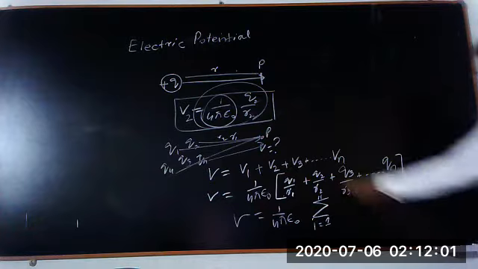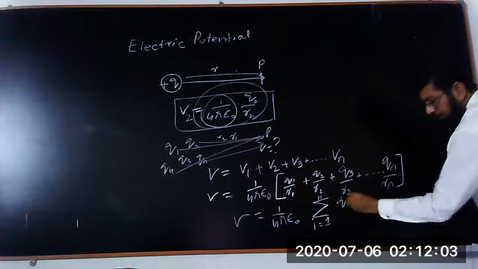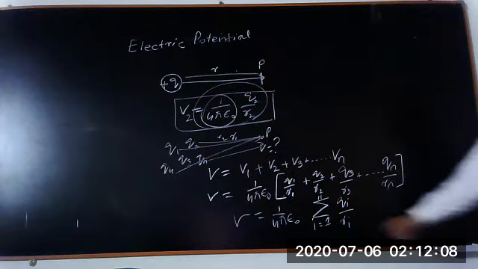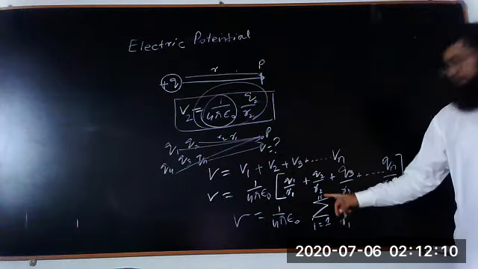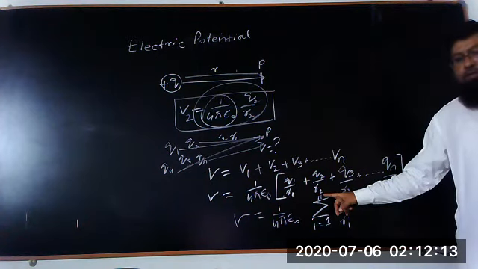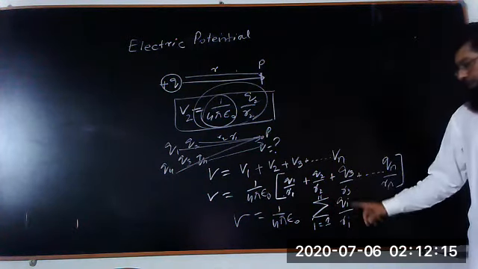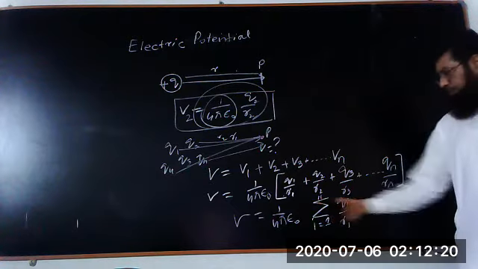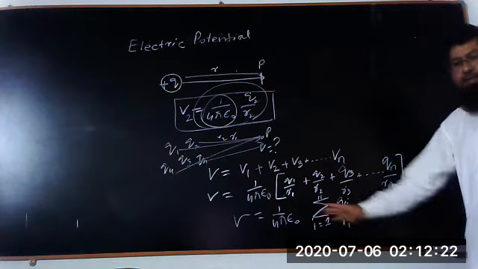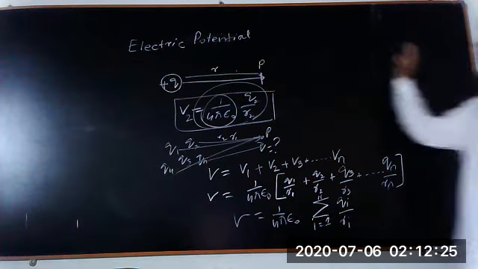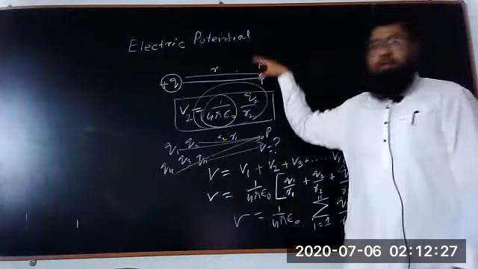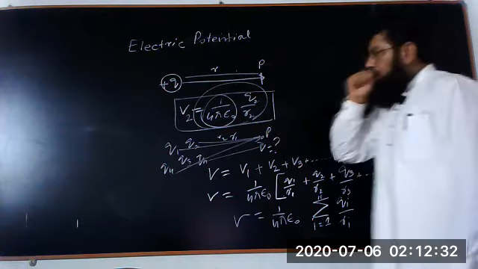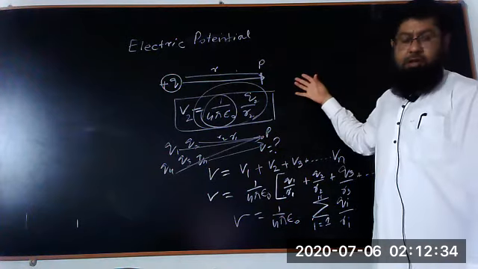The potential is equal to Qi over Ri, where i is the index which varies from 1 to n. If you want the potential due to the first charge, you write Q1 upon R1. For the potential due to charge Q2, Q2 upon R2, and so on. This is how the electrical potential is calculated. This is what we did in the last lecture. I just repeated it to recall your memory.